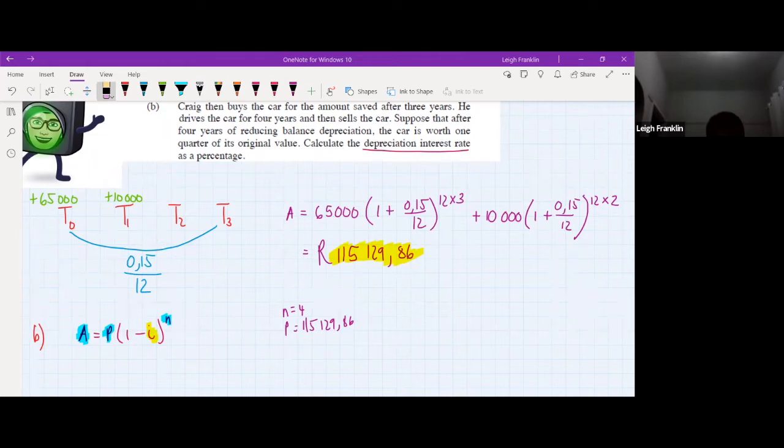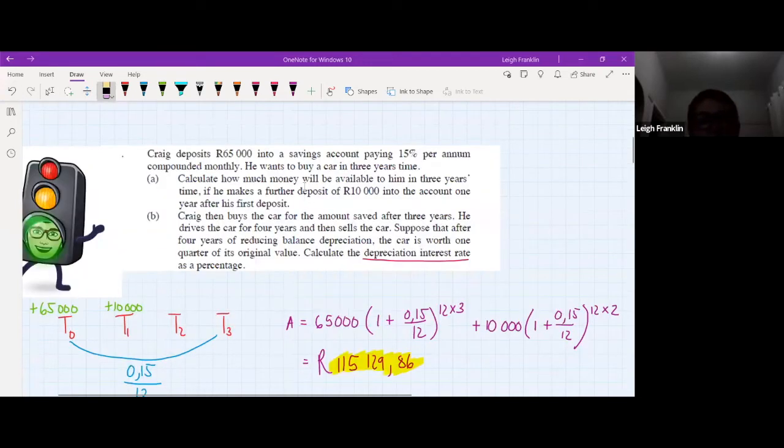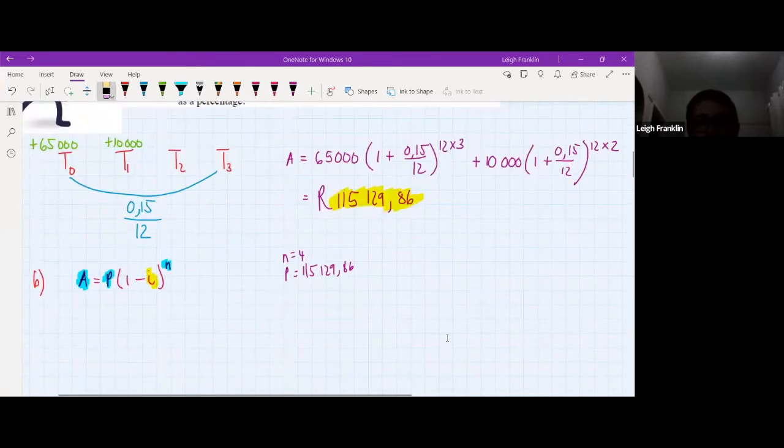It was 15%, 0.15 over 12. Lisa, what am I missing here? Aren't we supposed to find a quarter of this amount? I mean, of the original. Yes. So, Tanika, where did you, hang on a second. Tanika, where did you get the 28,782.47 from?